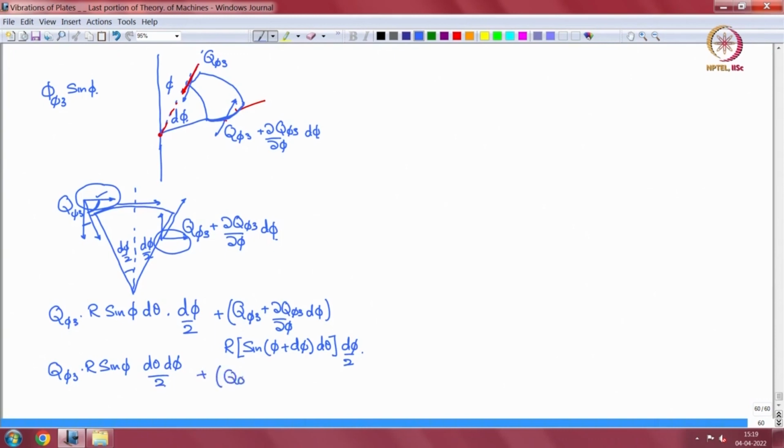So q phi 3 plus del q phi 3 by del phi d phi into r d phi by 2 into sine phi cos d phi, which is small, plus cos phi sine d phi, which is d phi, into d theta.